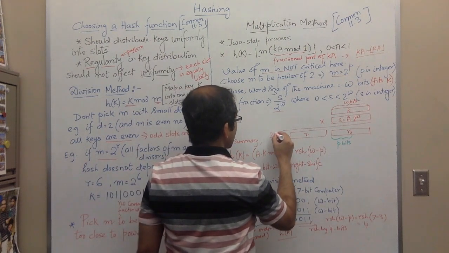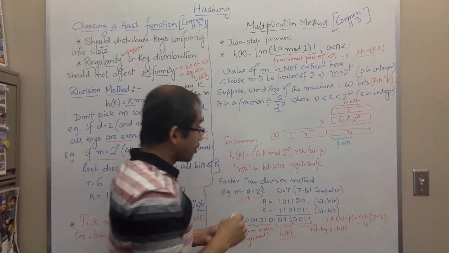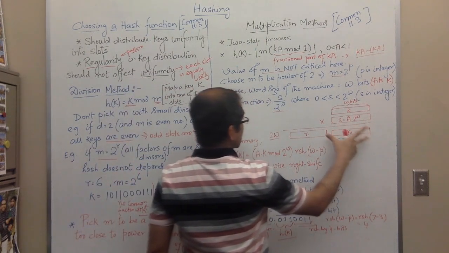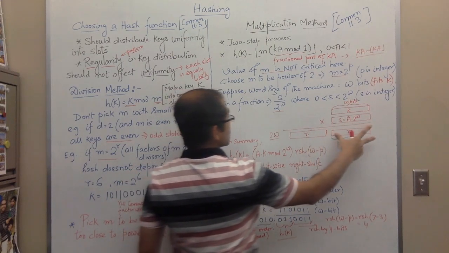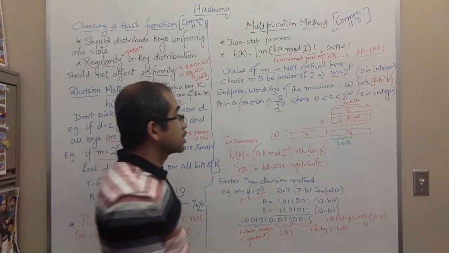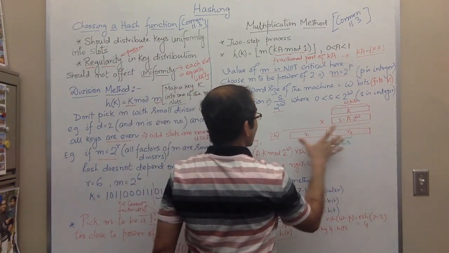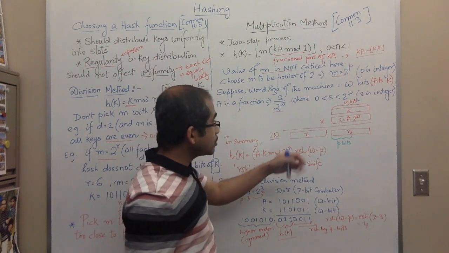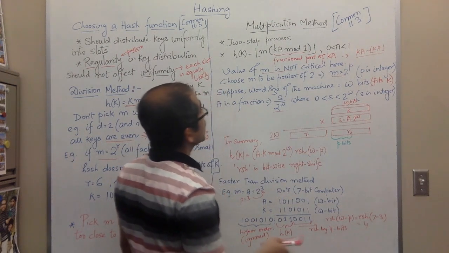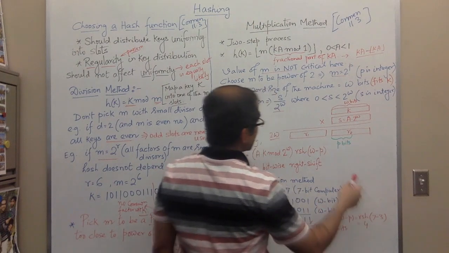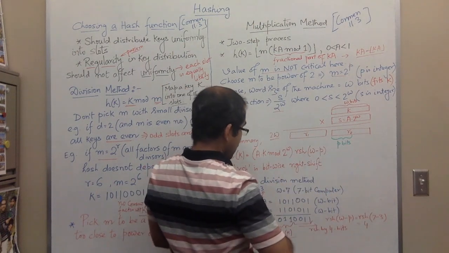So 2w bits: this is the more significant word, and this is the less significant word. Now what we do is right shift this, and we do not consider the upper part.